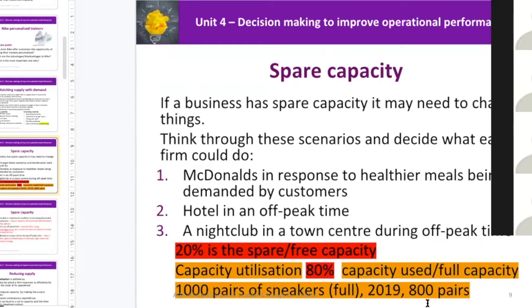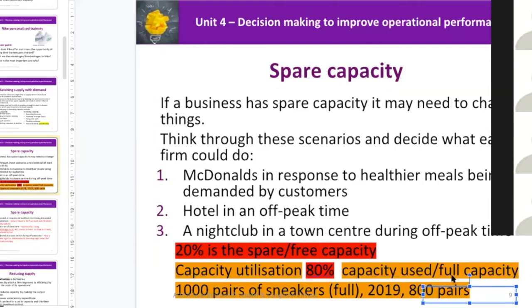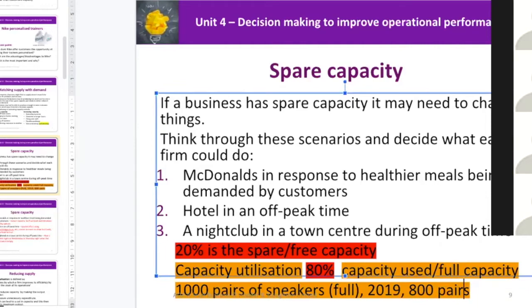For example, the 80% we produced for Nike sneakers, 800 pairs, right? There are 20 pairs that have defects, sorry. They have problems.